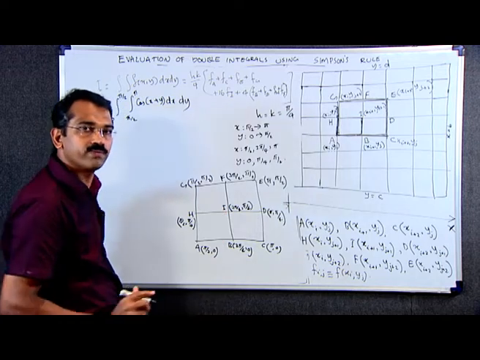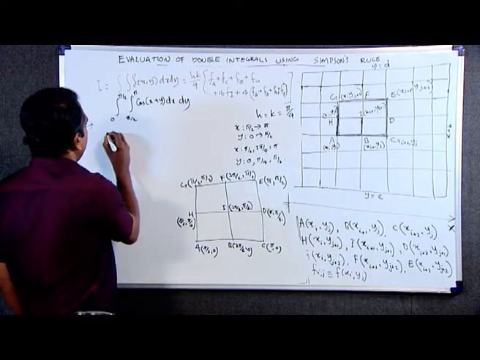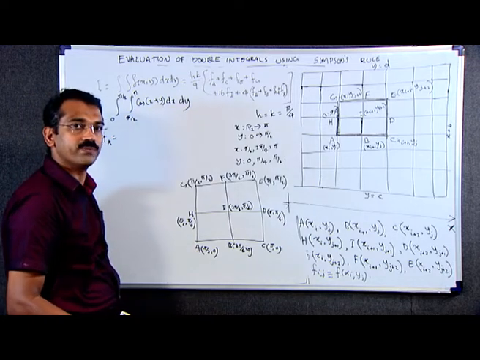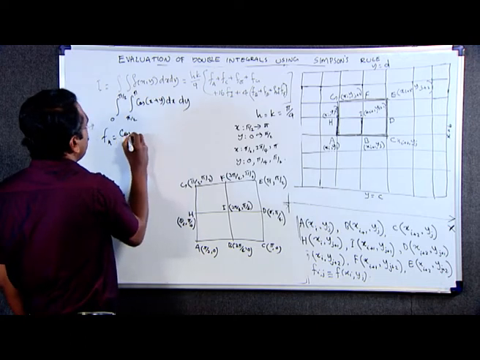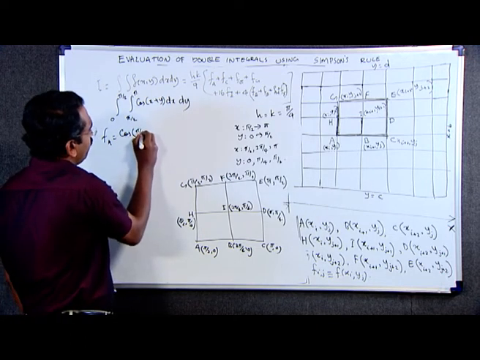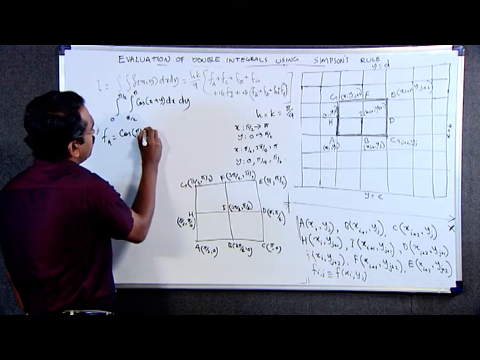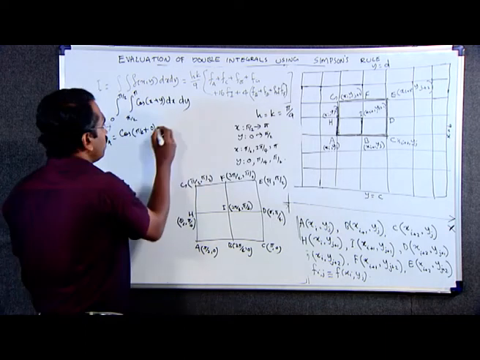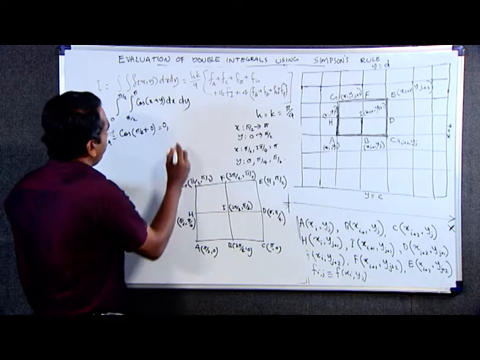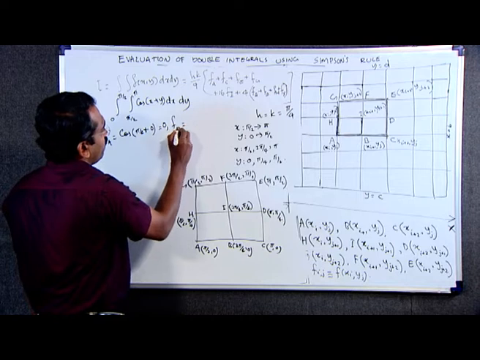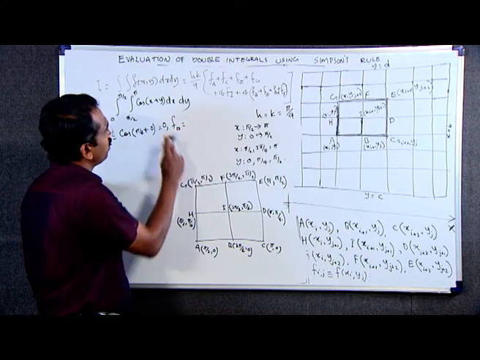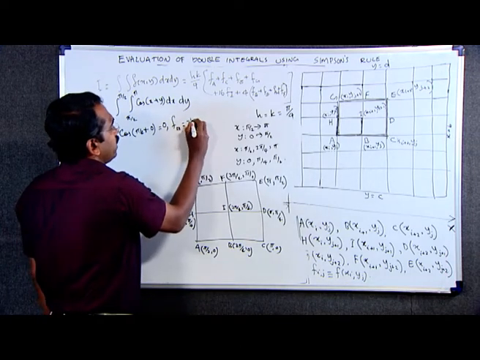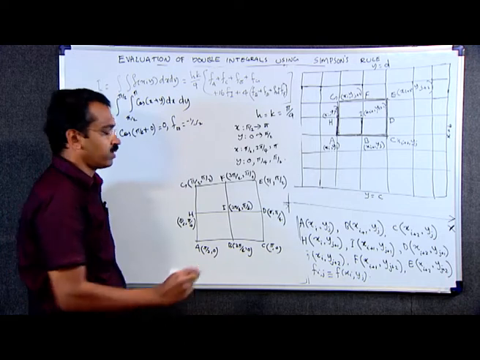these points. Here f a means the value of the function at A, the point pi by 2 comma 0, that is cos of x, which is pi by 2, plus y, which is 0, that is cos pi by 2, which is equal to 0. Similarly, f b is equal to cos 3 pi by 4 plus y is 0, therefore cos 3 pi by 4, that is minus 1 divided by root 2.